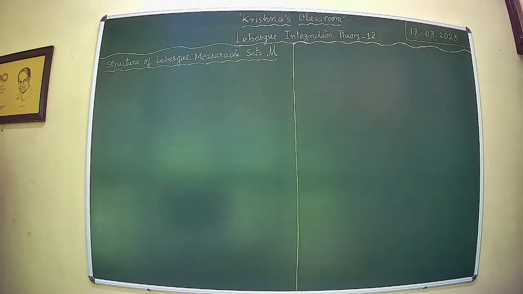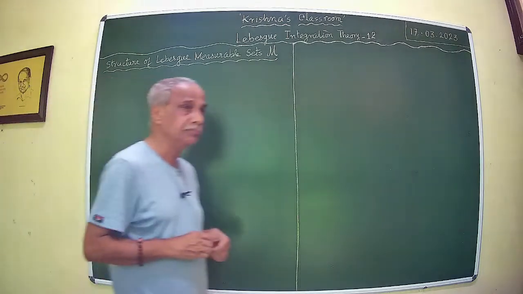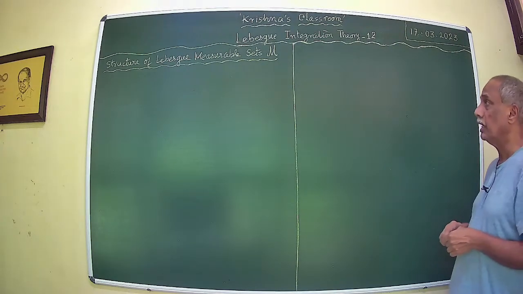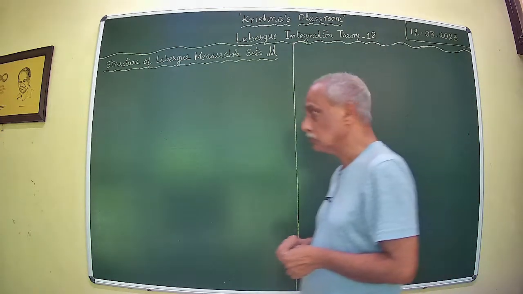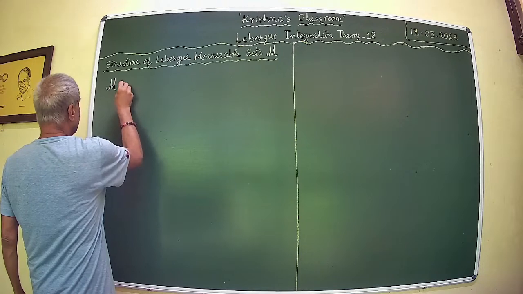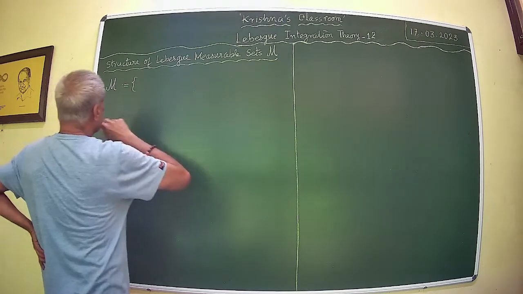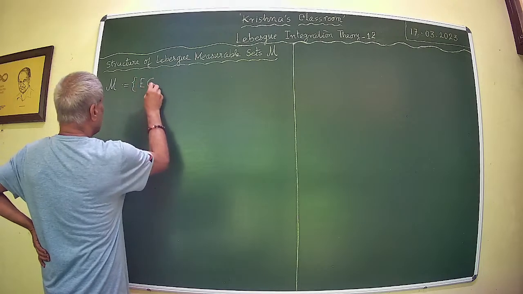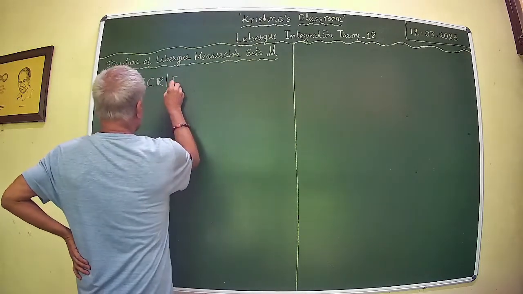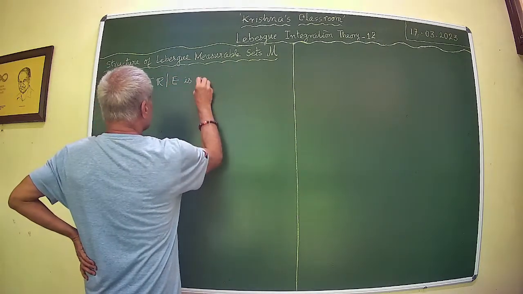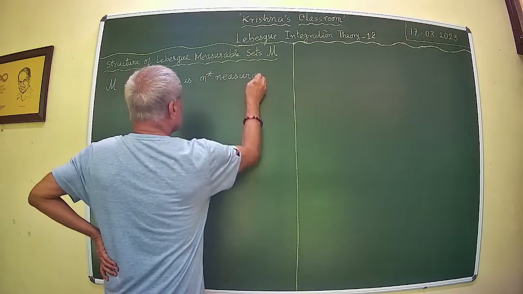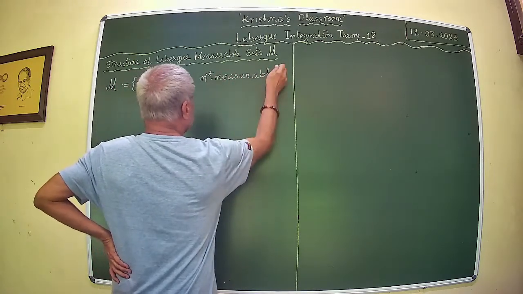We continue from where we left last time, and in this talk, we explore the structure of Lebesgue measurable sets. We denote by script M the set of all E, a subset of R, with the property that E is M star measurable.